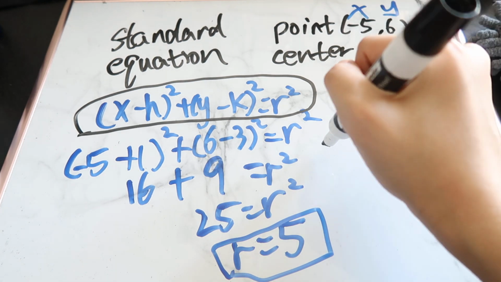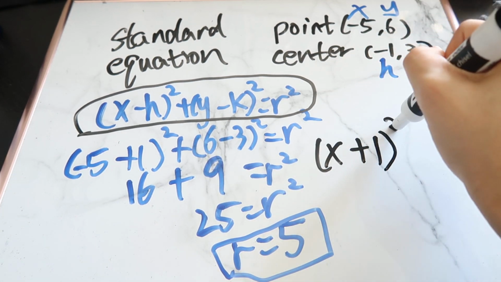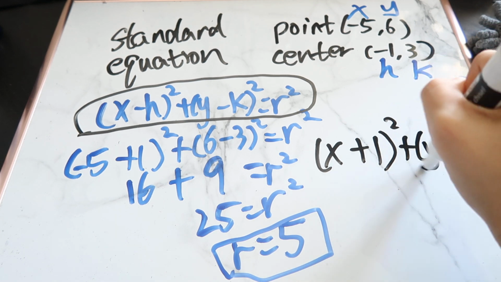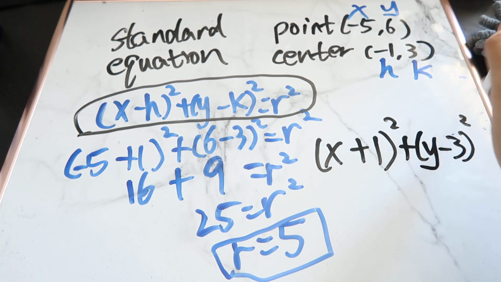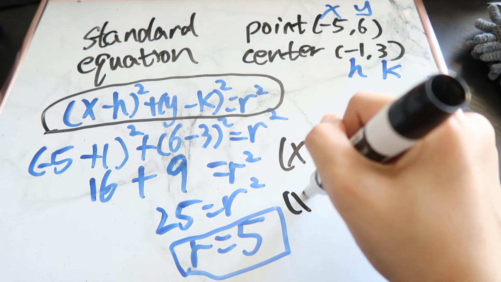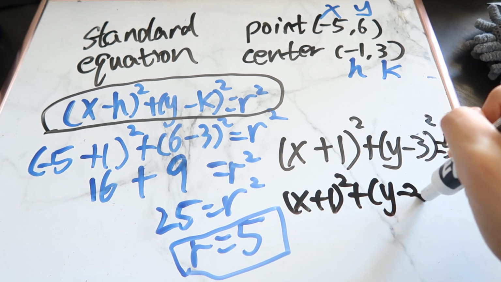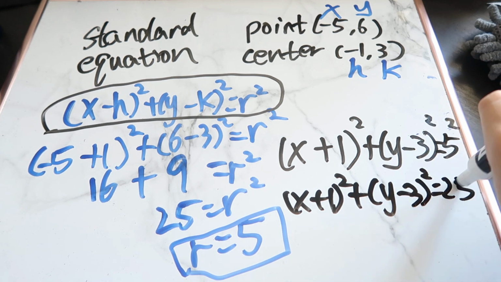It'll become (x plus 1) squared plus (y minus 3) squared equals 5 squared. And that's how you get (x plus 1) squared plus (y minus 3) squared equals 25.